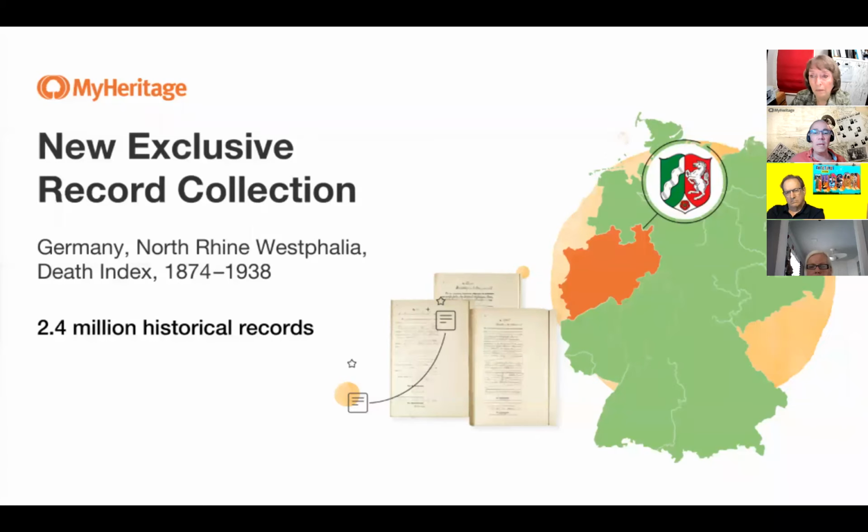Now, this only means that MyHeritage keeps on adding more records, not only from Germany, but from all over the world. So hopefully, if your family is not there yet, we will be able to find it for you.